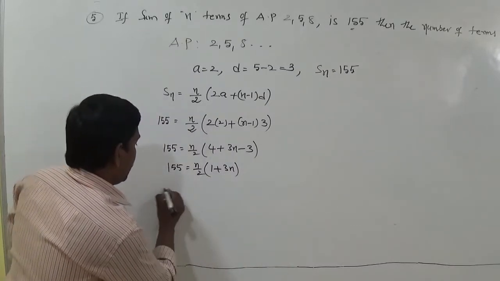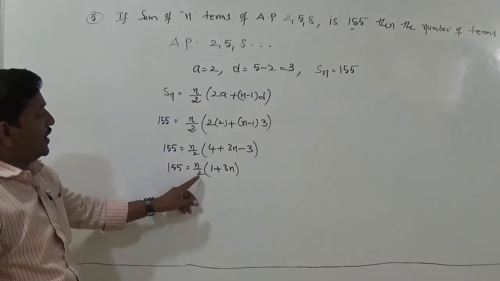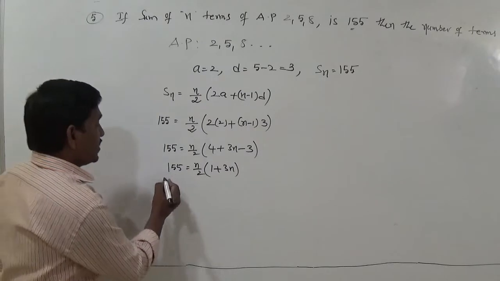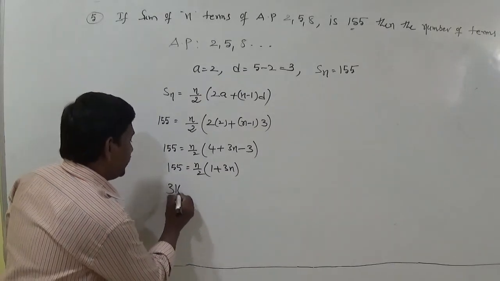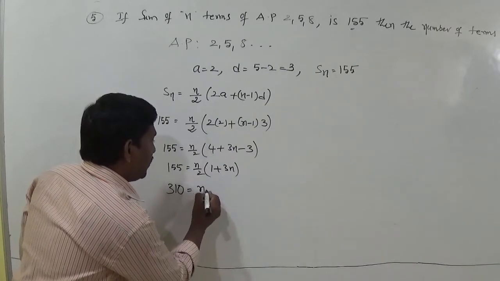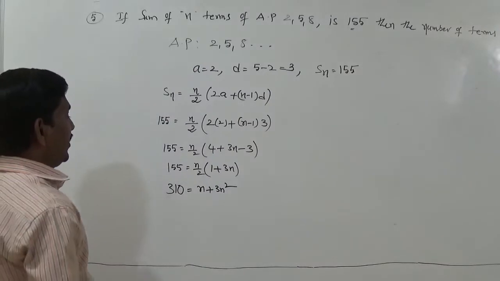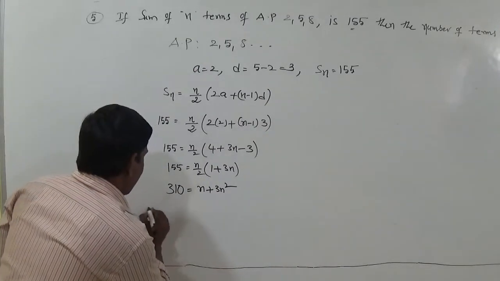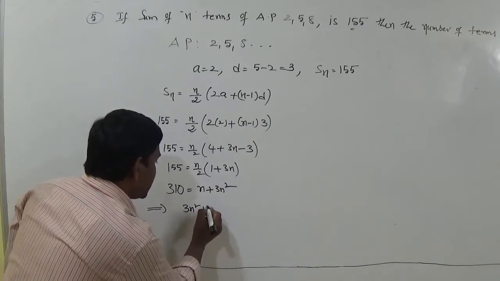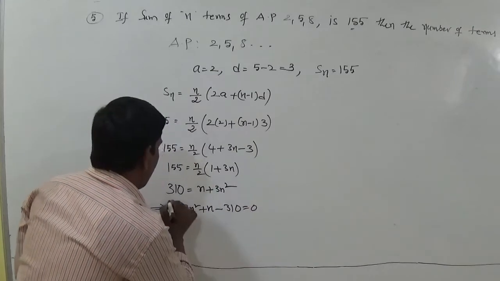By transposition, 2 is the denominator, so it becomes numerator. That means 310 equals n into (1 plus 3n), which is n plus 3n square. By transposition, 3n square plus n minus 310 equal to 0.